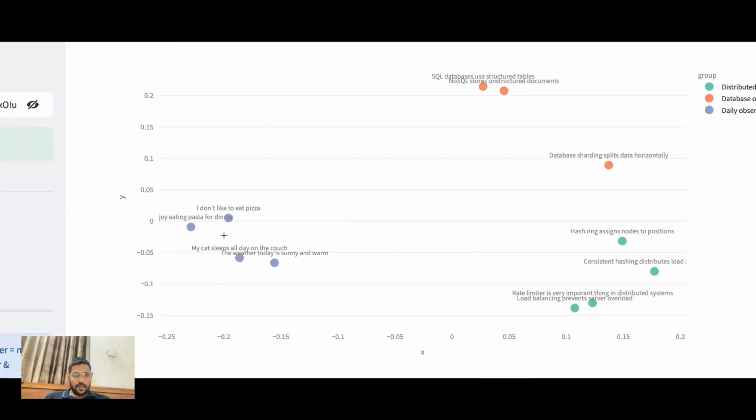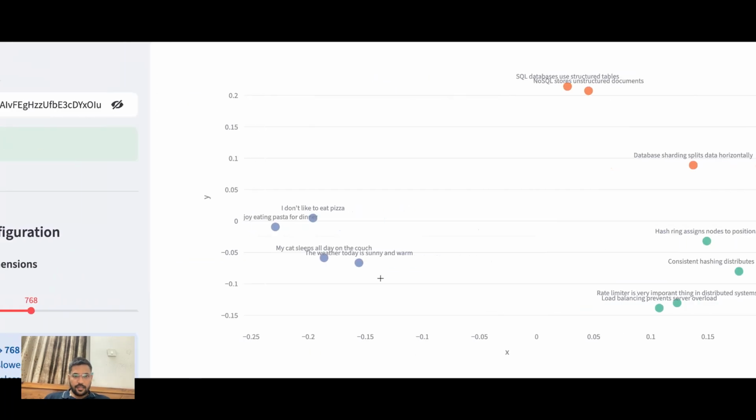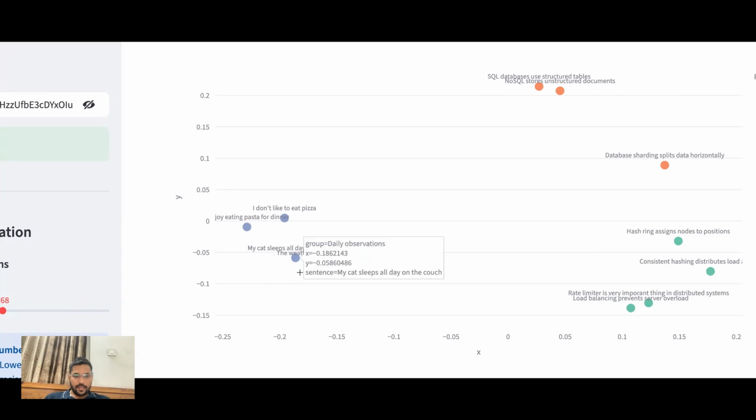Yeah, it's generated. So "I don't like to eat pizza" is coming near to daily observations. From that you can understand how these mathematical numbers are making sure that relevant information comes together. That is the whole point of having embeddings.